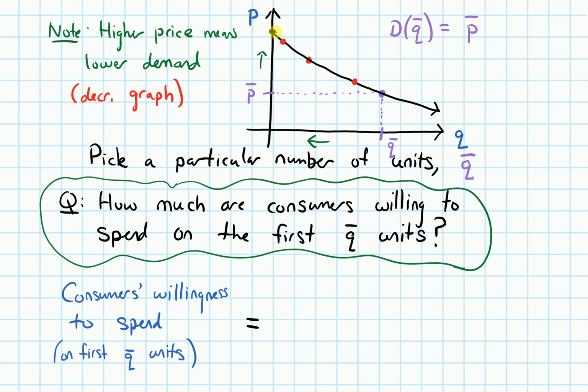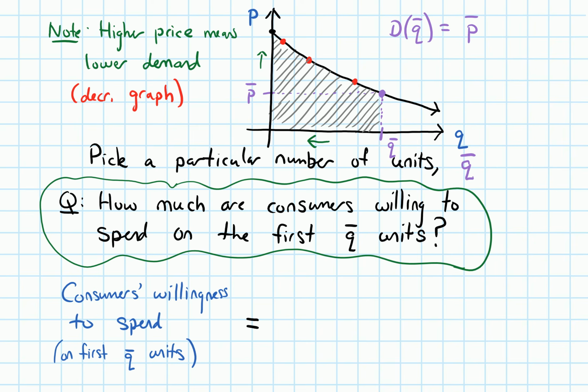So overall, I need to consider this sort of total range of prices that they are willing to spend. Okay, and what would measure that is if I were to take the area under this curve, until I reach Q bar. That would encapsulate all of these consumers' willingness to spend up to these first Q bar units.